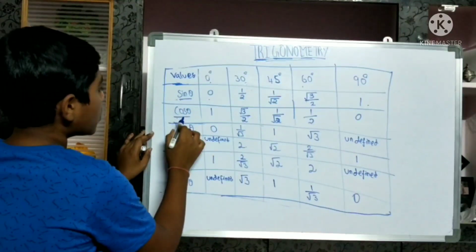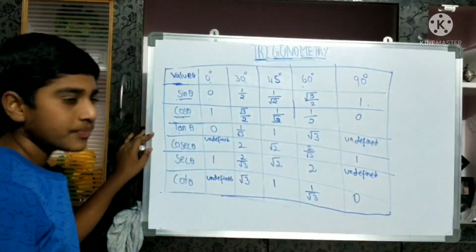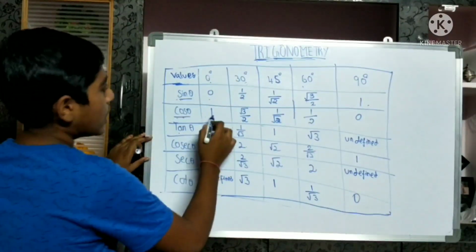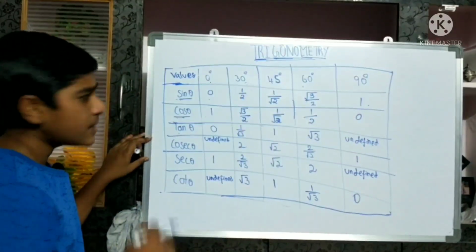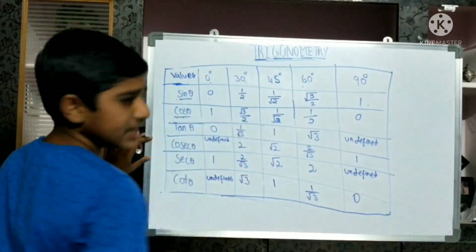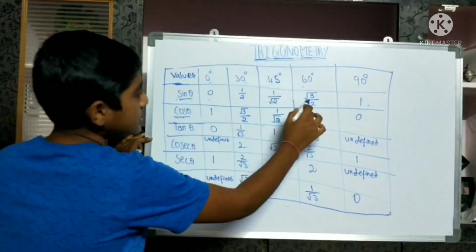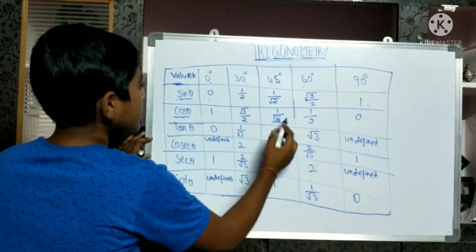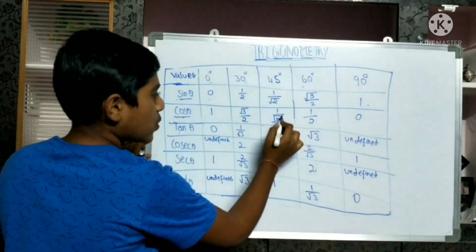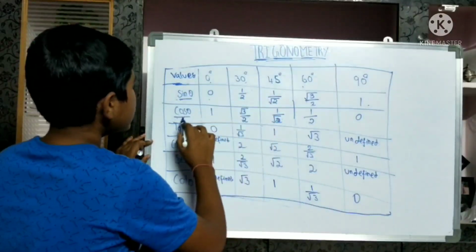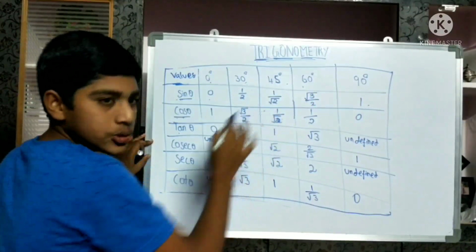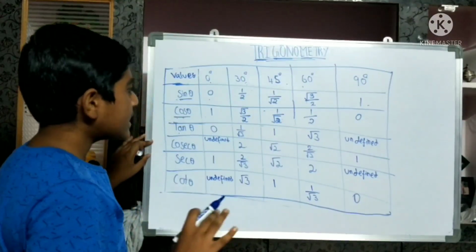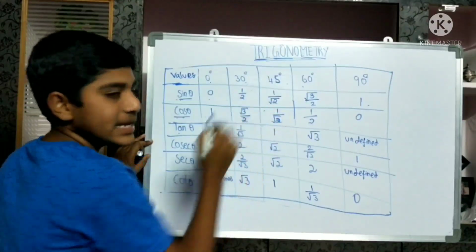So here cos, we know the values of sin theta. So the values for cos theta: cos 0 degrees will be 1 because sin 90 degrees is 1, and cos 30 degrees will be root 3 by 2 because sin 60 degrees is root 3 by 2. In the same way, cos 45 degrees is 1 by root 2 because sin 45 degrees and cos 45 degrees, if we add both angles, it is 90 degrees, so their values will be equal.